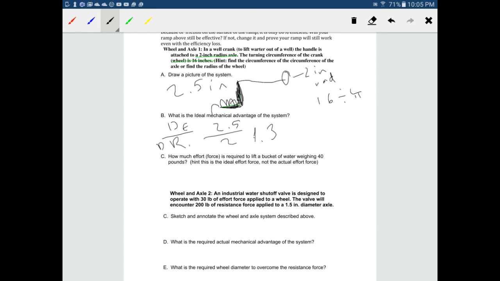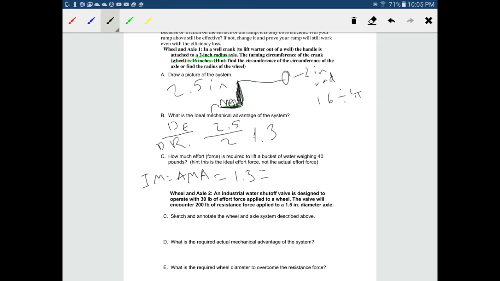And then it says how much force is required to lift a bucket of water weighing 40 pounds. Hint, this is the ideal effort force, not the actual effort force. So again here, IMA equals AMA. So we're going to assume our IMA to be equal to our AMA.